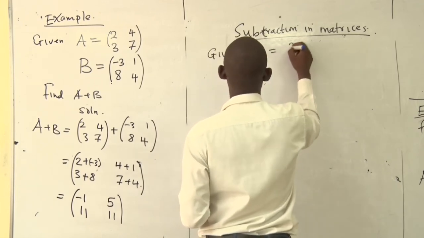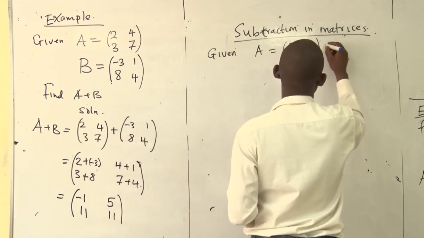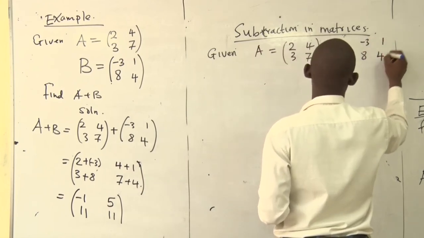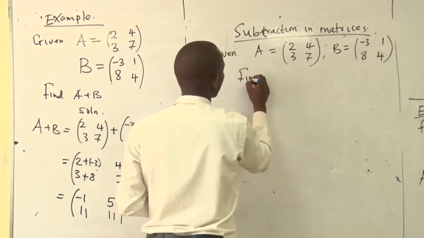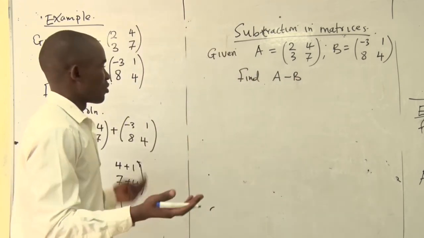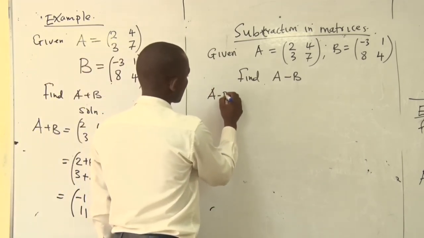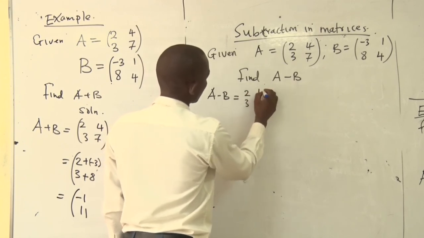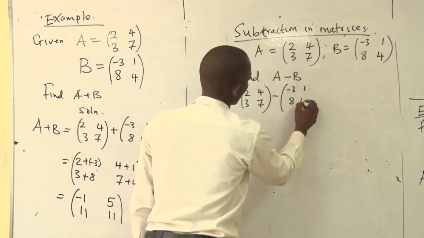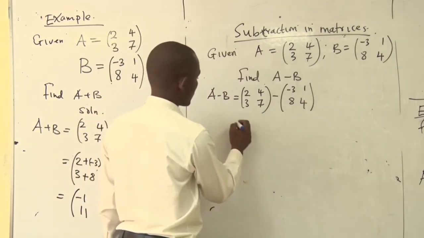Given A is equal to 2, 4, 3, 7, and B is equal to minus 3, 1, 8, 4. Find A minus B. If you are told to subtract, you will repeat the same thing, but the sign should be subtraction. So A minus B will be equal to 2, 3, 4, 7 minus minus 3, 1, 8, 4.